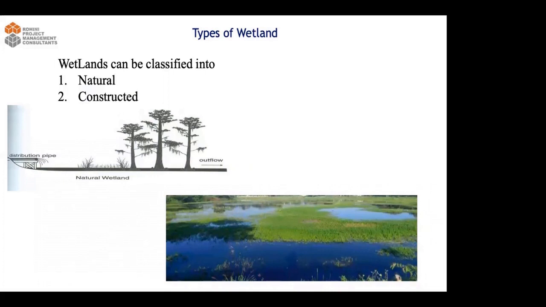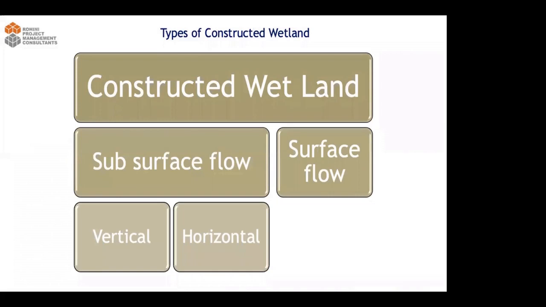Constructed, again, we can bifurcate into types: a constructed wetland will have subsurface flow and surface flow, and subsurface will have vertical and horizontal. I'm not getting into too much detail, but for a wetland, the basis of the design is not very specific. It has to be customized for each lake or for each requirement as such.